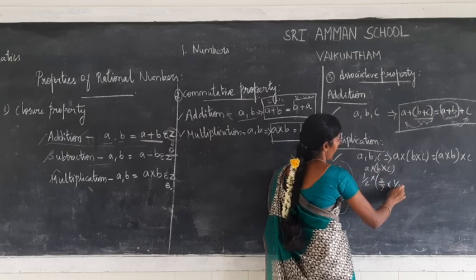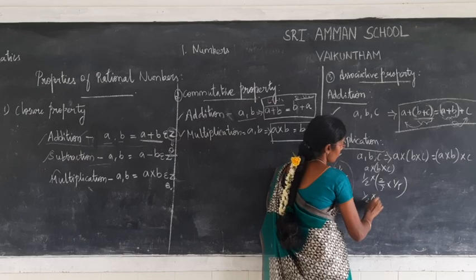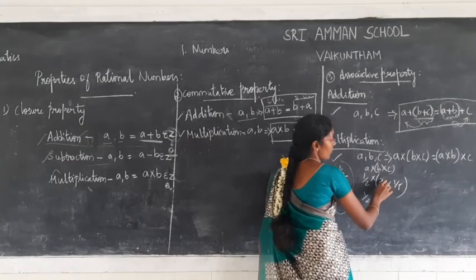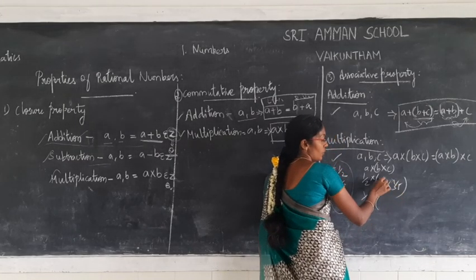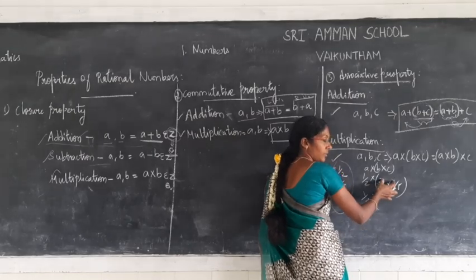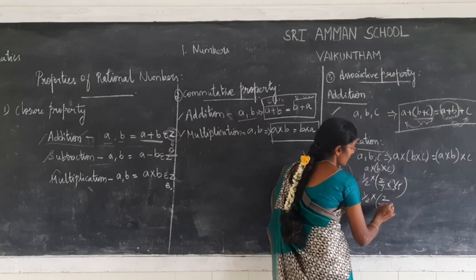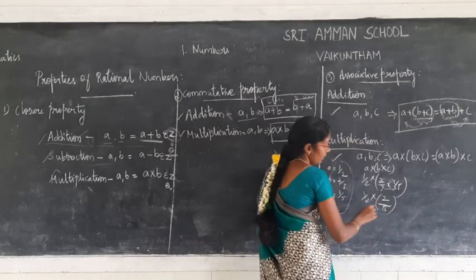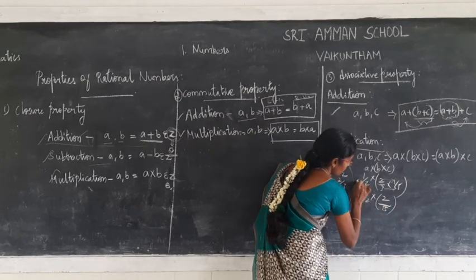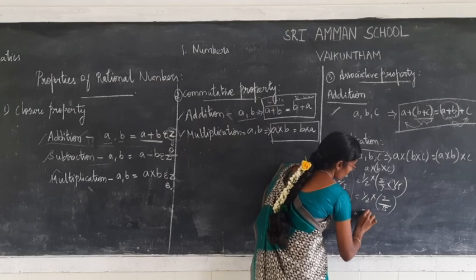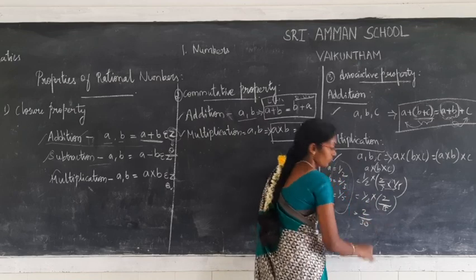What is c? 1 by 5. So 1 by 2 into, for multiplication you can multiply directly. The numerator will be multiplied directly and the denominator will be multiplied directly. So 2 1s are 2, here 5 3s are 15. Clear? So next one, 2 ones are 2, 15 twos are 30.